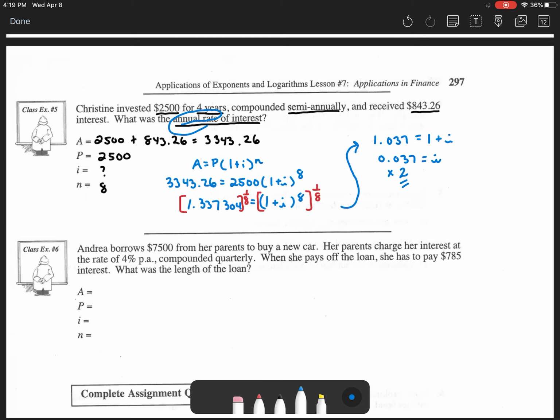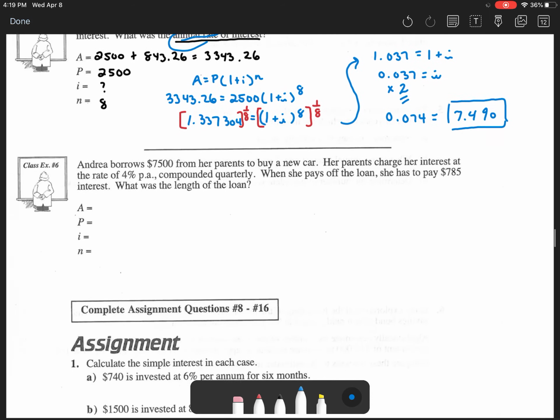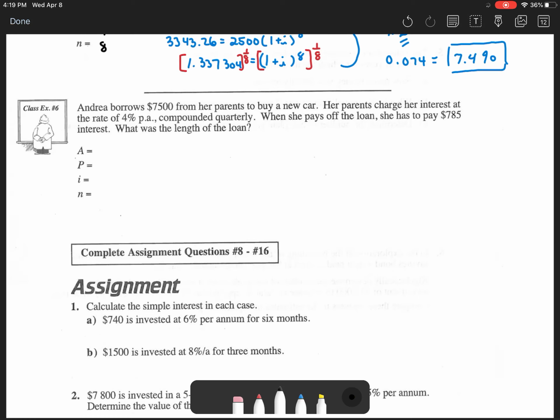So take your 0.037, multiply by 2, and you will get 0.074, which is the same as 7.4% when I write it as a percentage. So there is the annual rate of interest. Always some small little details in the question you have to be very, very careful of.